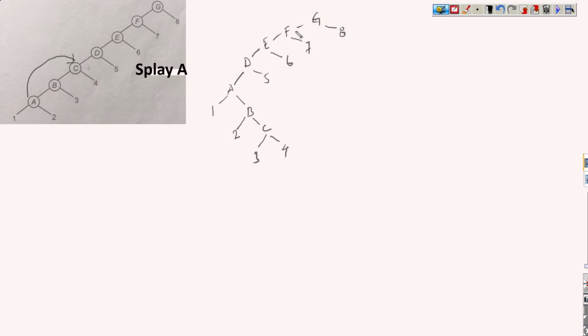Okay, so this is the status. Now again we will do splaying. So this A node we want to splay, so it will go to E here.